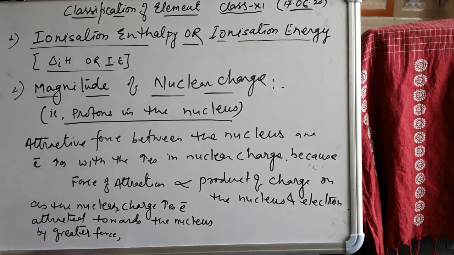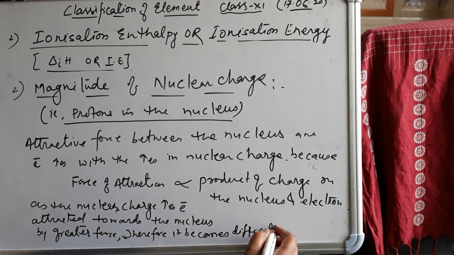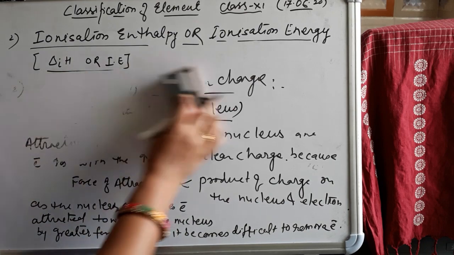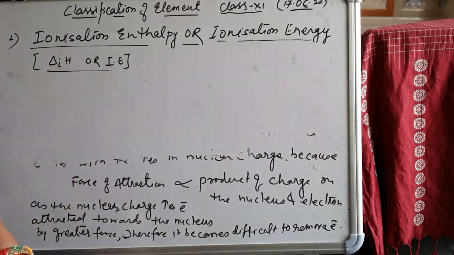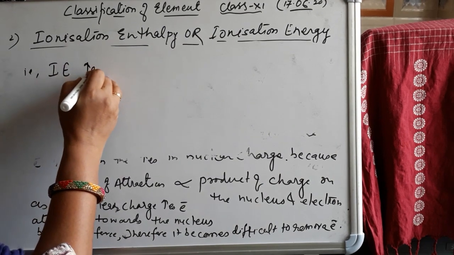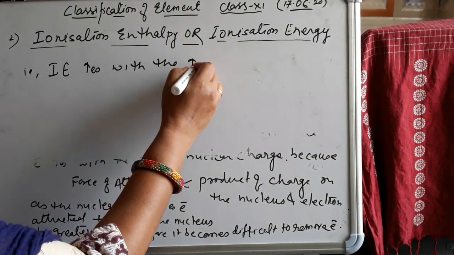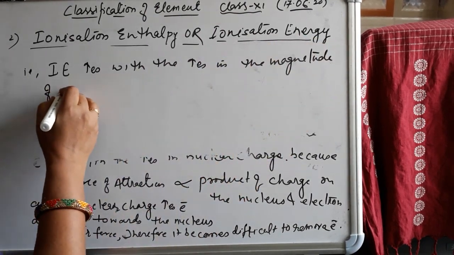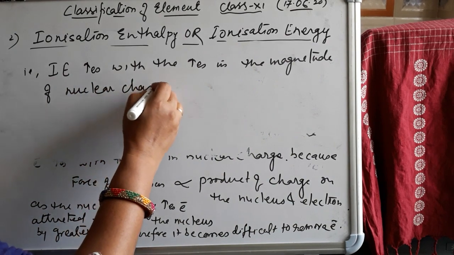Therefore, it becomes difficult to remove the electron from the atom, so we can say that ionization enthalpy increases with an increase in the magnitude of nuclear charge.